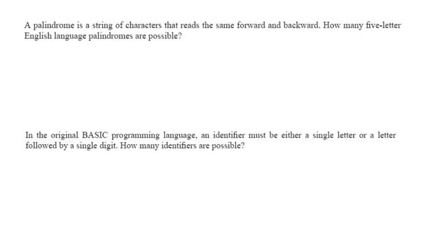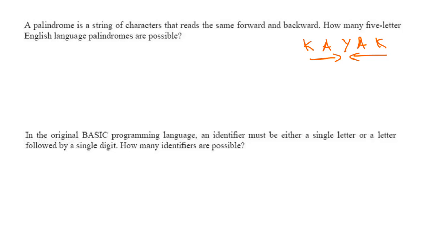Let's see another example. A palindrome is a string of characters that reads the same forward and backward, for example the word kayak. Reading it this way you read kayak, or this way you read kayak. But how many 5-letter English language palindromes are possible?